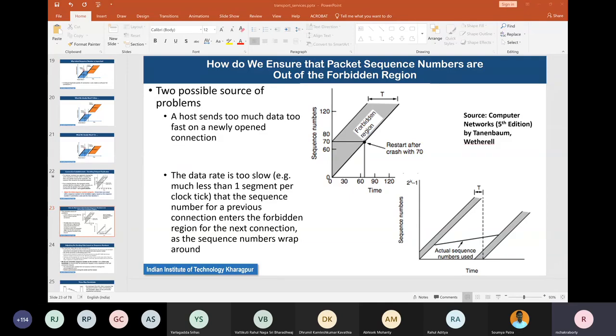So some scheme has to be come up with. The scheme that is actually used in TCP was proposed by a person called Tomlinson in 1975. It was mentioned here how to select sequence numbers. First of all, he said that always starting from sequence number 0 for a connection, forget this concept.